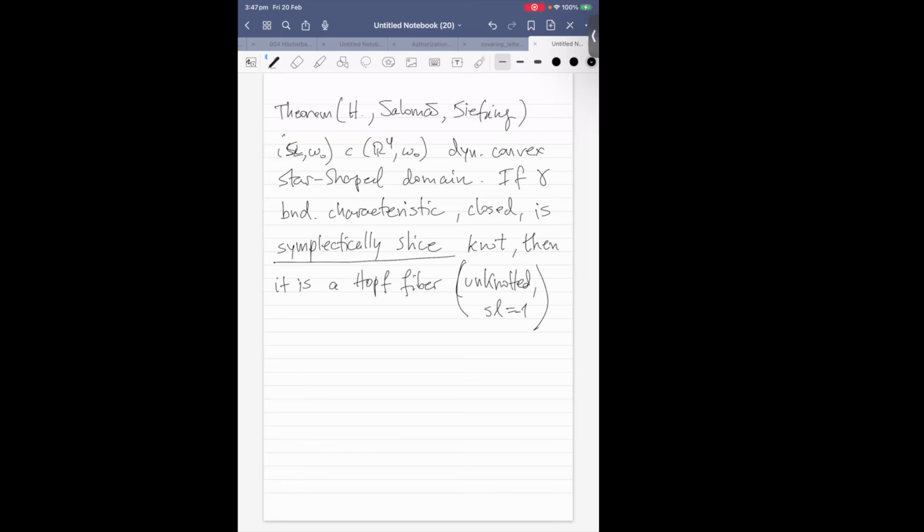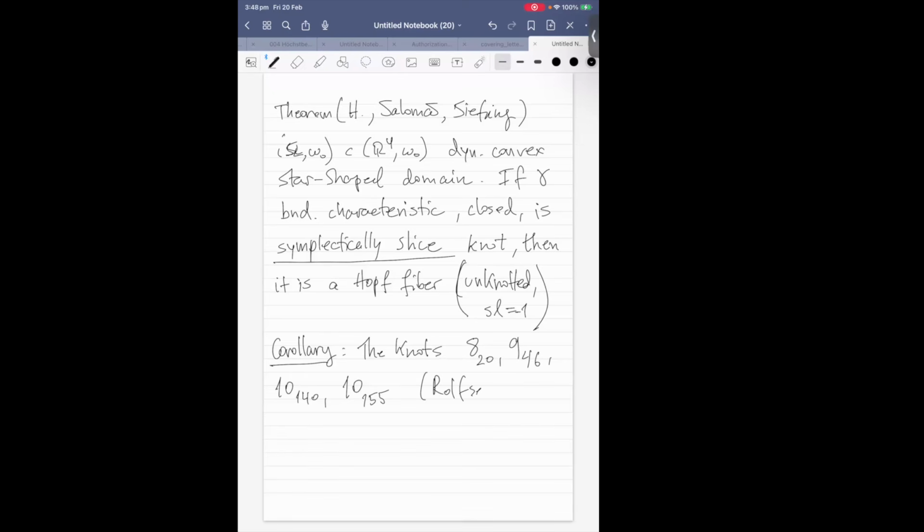That's the main takeaway. And in particular, the knots, now I'm going to refer to knots as they are depicted in Rolfsen's table: 8_20, 9_46, 10_140, and 10_155.